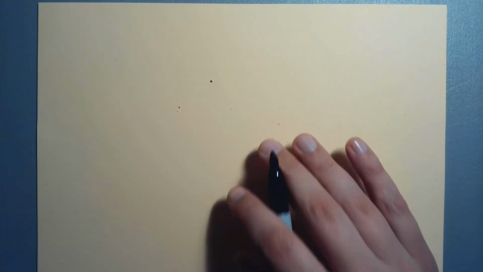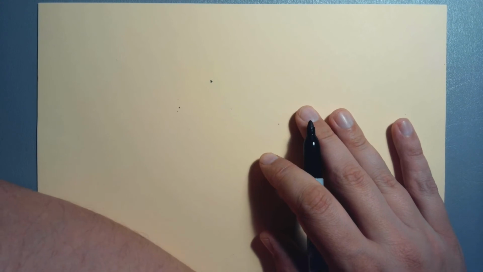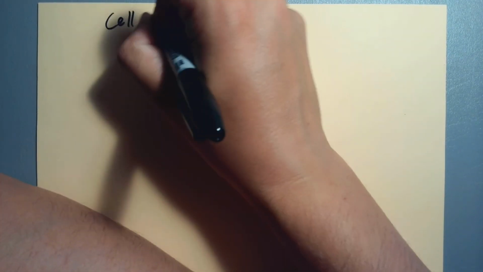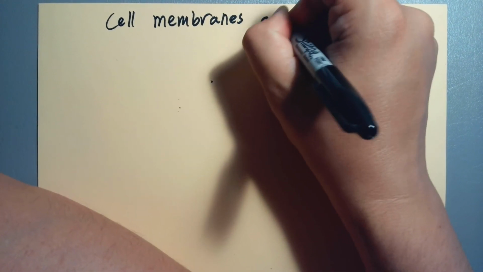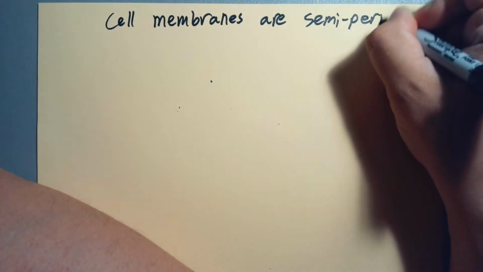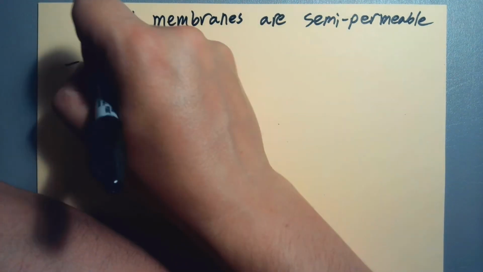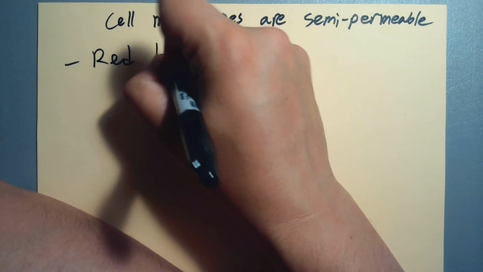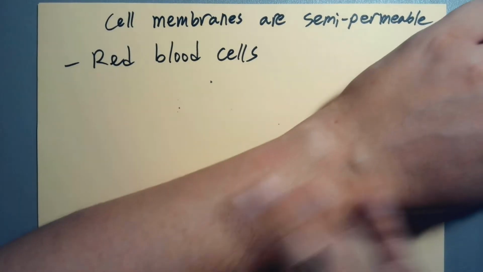Alright, so one last idea in this section, and that is going to be applying this directly to cells. So I mentioned earlier, cell membranes are semi-permeable. And if we look at red blood cells, they're floating around in the bloodstream, just bouncing around.